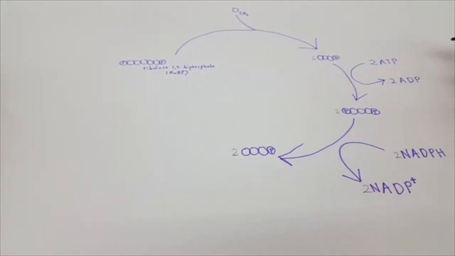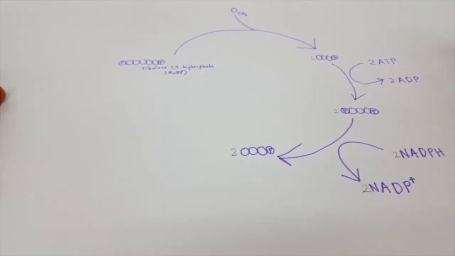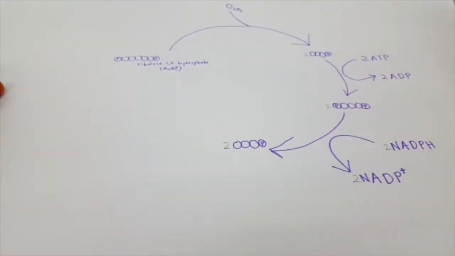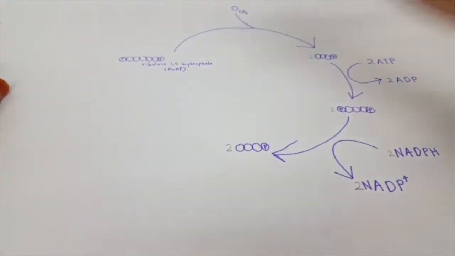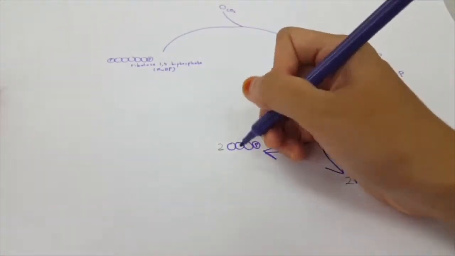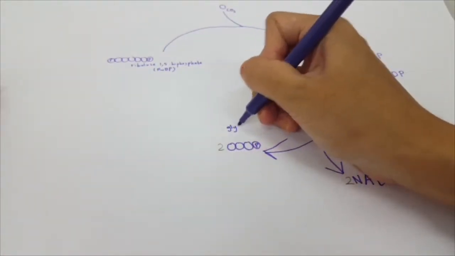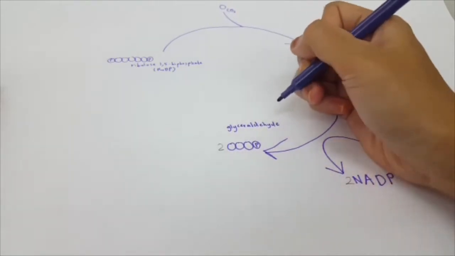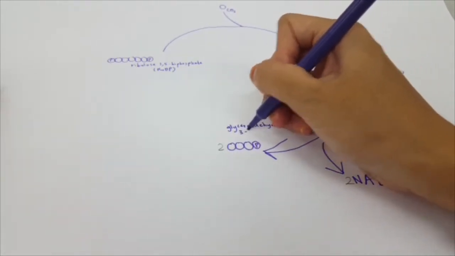The NADPH molecules come from the light reaction and the NADP plus will be supplied back to those systems and it will become a cycle.